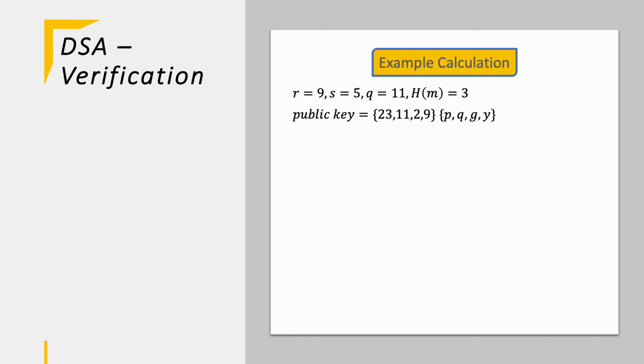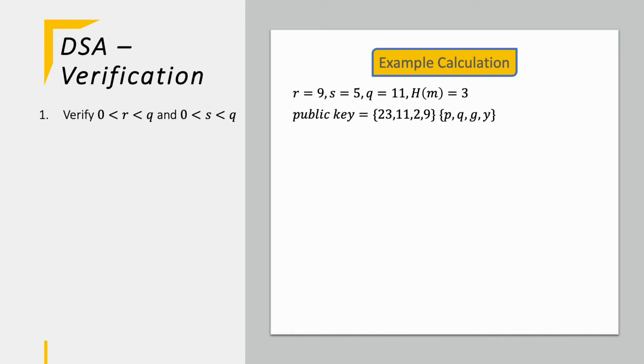When the receiver gets the message, which is signed, the receiver has the signature and has the public key. So, and also, for example, sure, the message itself and the hash of the message.